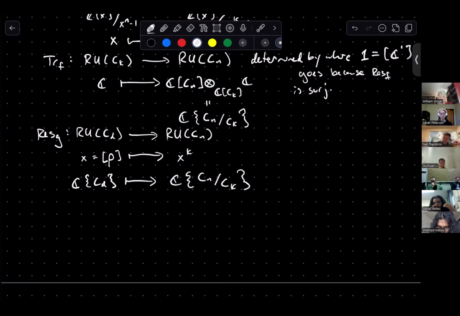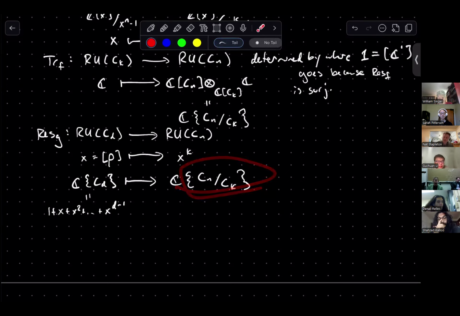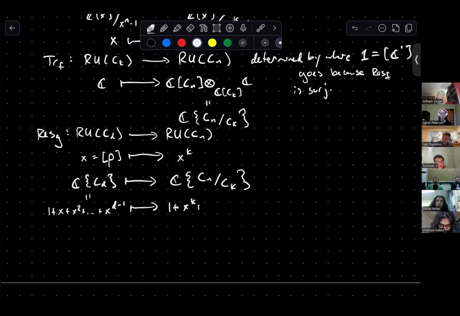And we've already calculated that the regular representation of CD corresponds to the sum 1 plus x squared up to x to the d minus 1. And so now we know who the isomorphism class of this representation is. In RU of Cn, it is 1 plus x to the k plus x to the 2k all the way up to x to the (d minus 1) times k. So that's who that representation is in this presentation of the representation ring of Cn.